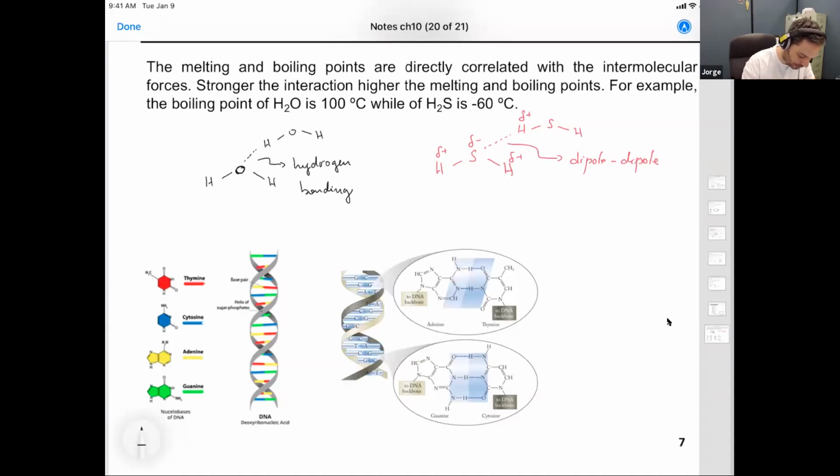Here we have, for example, the interaction between adenine and thymine. If we look here, we have nitrogen bonded to hydrogen in the NH2 group. So we have a strong polarization of the bond that creates a very strong delta minus and delta plus, and this is capable of interacting with another NH from a neighbor base, for example.